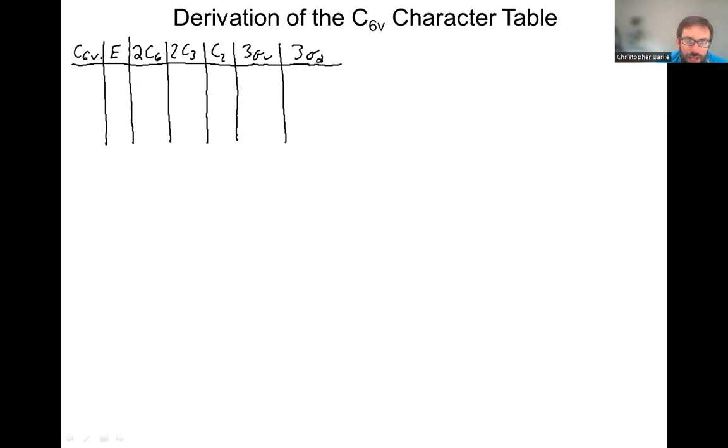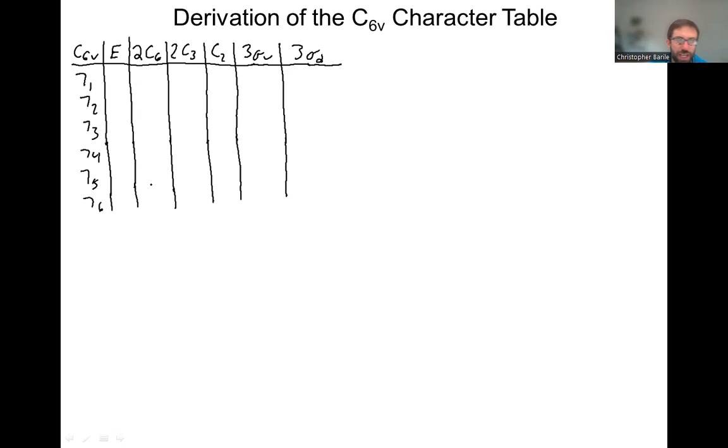And then we know that one of our rules of the character tables, if you look at my character table rule video, states that you have to have equal number of columns as rows. So for our irreducible representations, we're just going to use gamma 1, gamma 2, gamma 3, gamma 4, gamma 5, and gamma 6. Because we have 6 classes, we need our character table to be a square. And so we're going to have 6 irreducible representations.